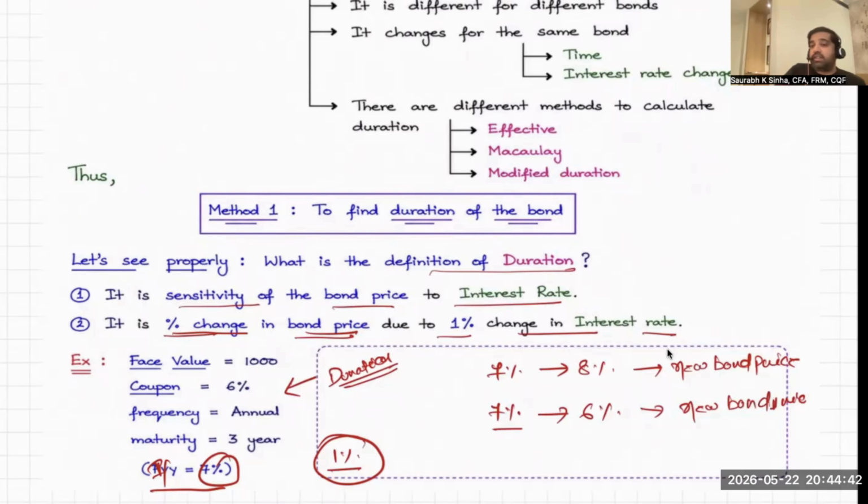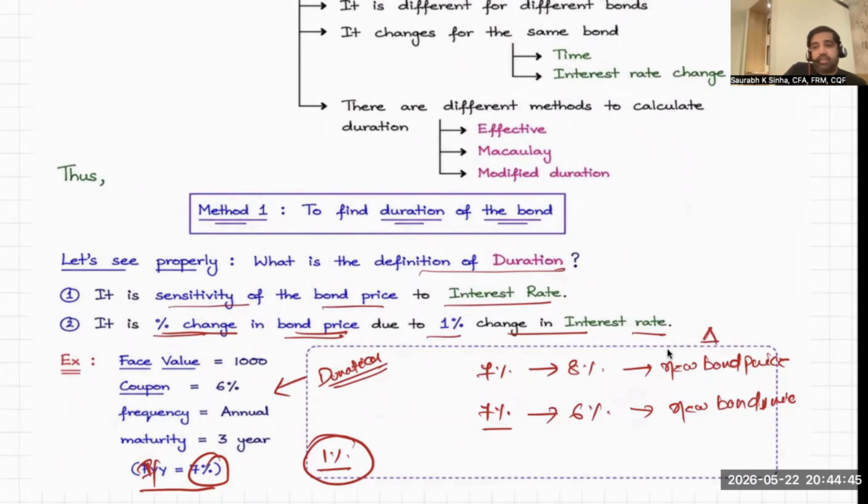Now, we have proved in the last session that the change for the increase and the change for the decrease in the interest rate would be different for the bond prices. So, how would you calculate the duration of the bond?